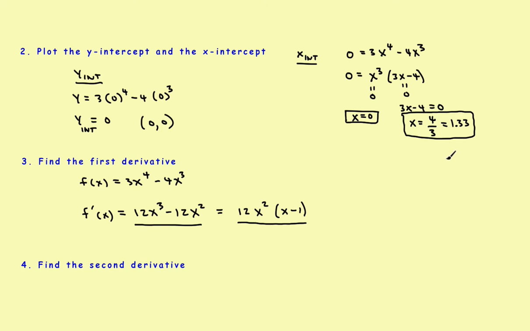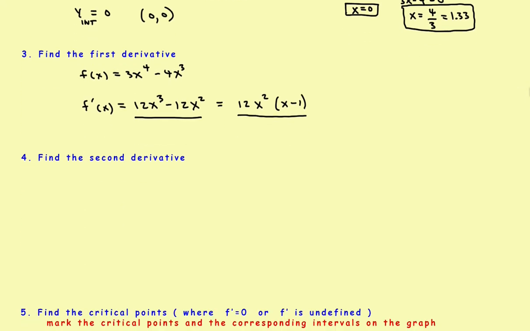Okay, now let's get the second derivative. So what the second derivative would be, it's just going to be the derivative of the derivative. So the second derivative, and again, starting with this one, using the power rule again, you would have 36x squared minus 24x. So that is the second derivative.